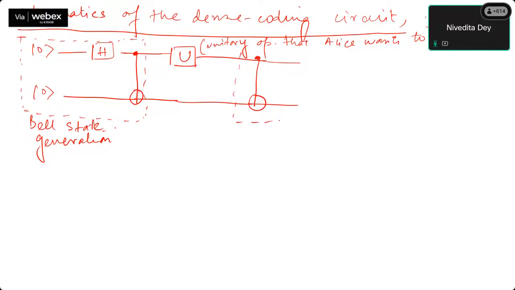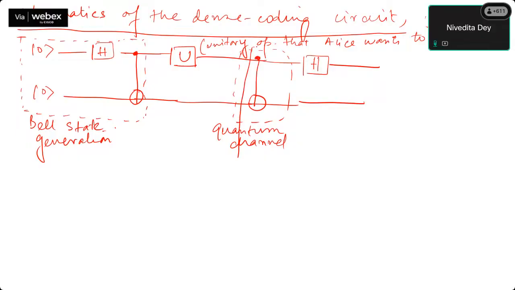So this is a quantum channel, followed by a Hadamard. This is just before measurement. So this entire thing is a part of Bell state measurement.